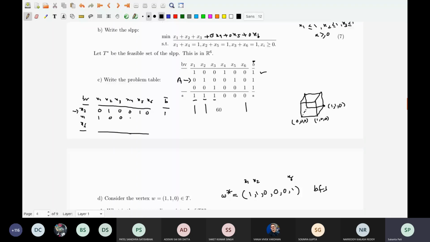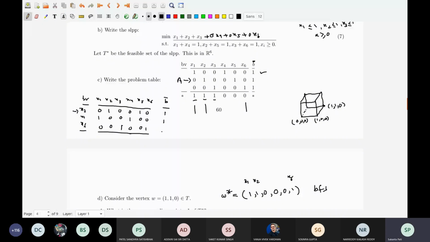Next, the column below X1, because X1 is the second basic variable, should look like 0, 1, 0. And the column below X6 should look like 0, 0, 1. Well, then everything is fine. Just write the row corresponding to X6.